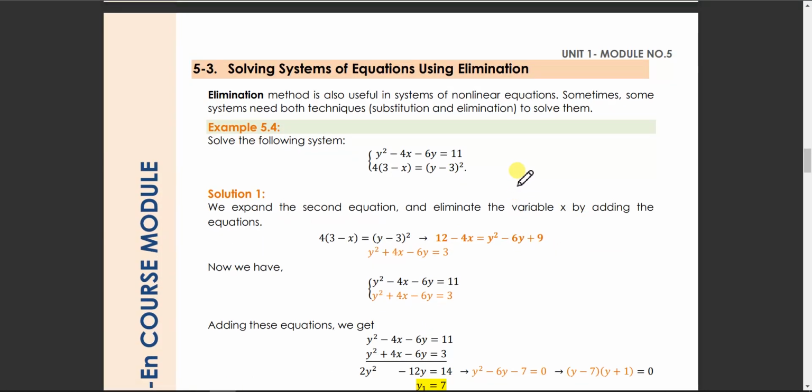So for example, we have this following system: y squared minus 4x minus 6y is equal to 11, and 4 times 3 minus x is equal to y minus 3 squared. So again, we are asked to solve for this system, or the points where these two equations intersect.